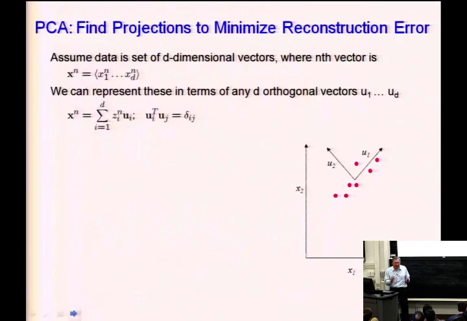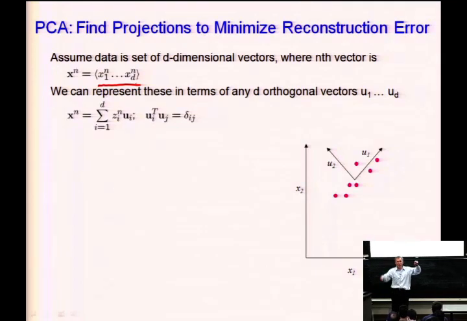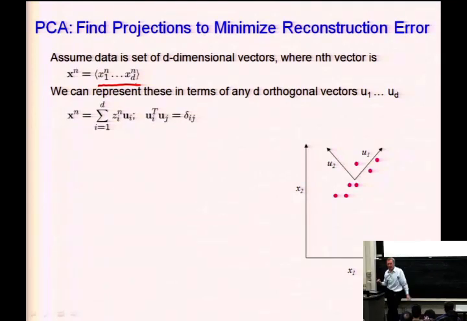Okay, so PCA, let's look at the details of this now. So here's the way to think about it. Suppose we have this data set of d-dimensional vectors. Those could be our images, for example. And of course, we can represent each image as just a vector with 30 times 32 features in it.